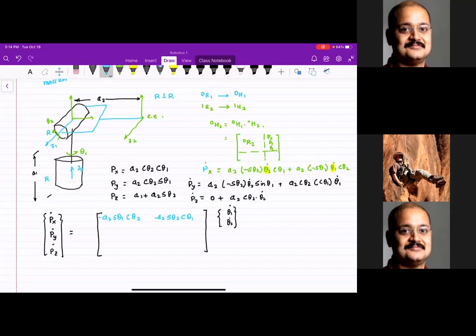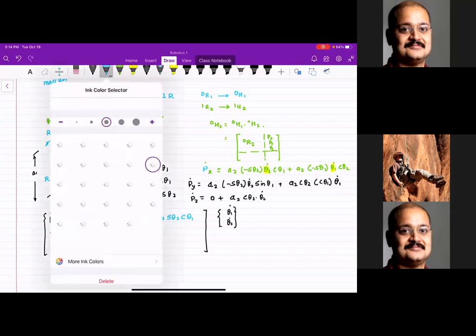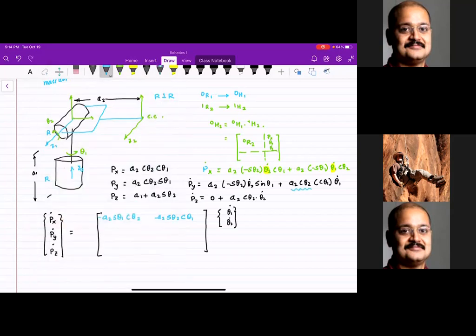Okay. Now for Py dot, again, I'm going to look for theta 1 dot, and then this guy needs to come here: A2 cosine theta 2 cosine theta 1.